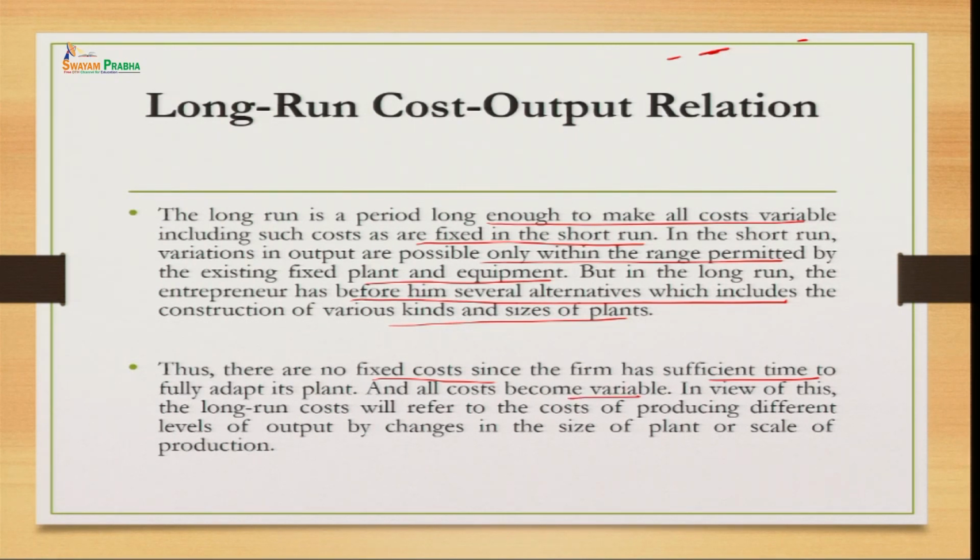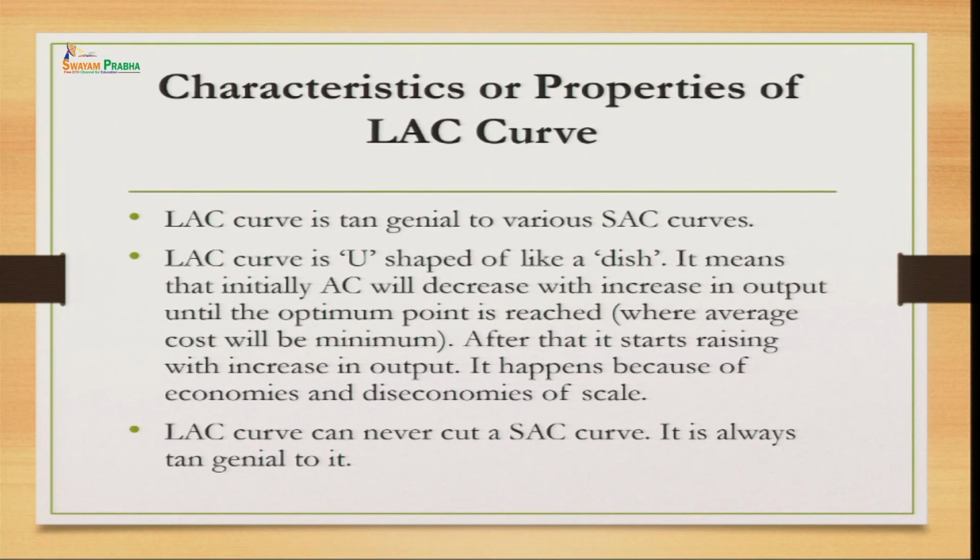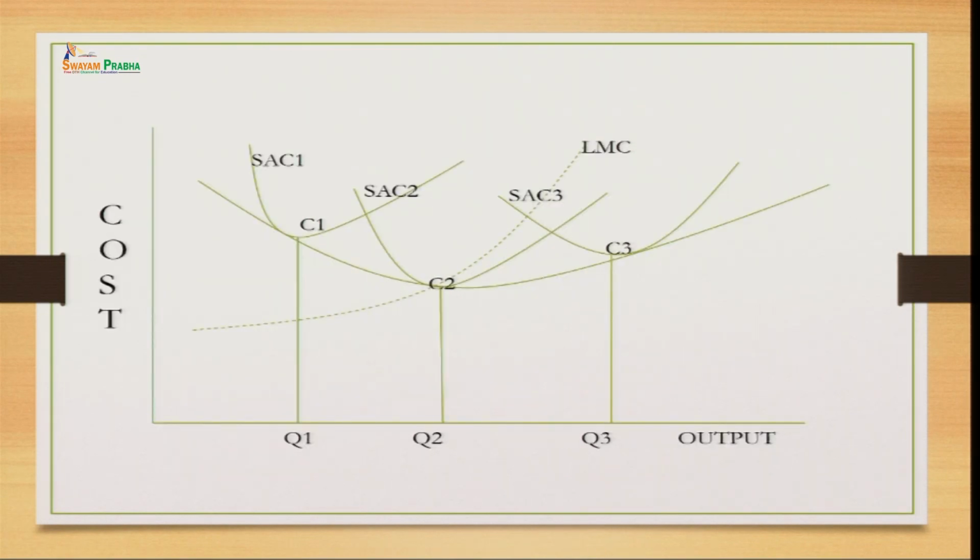Now, let us look at the characteristics of the LAC curve, how we are going to understand its properties. Let us first look at how the LAC curve looks. This is your LAC curve, the long run curve which we are able to see here. It is basically the combination of various short run average cost curves.